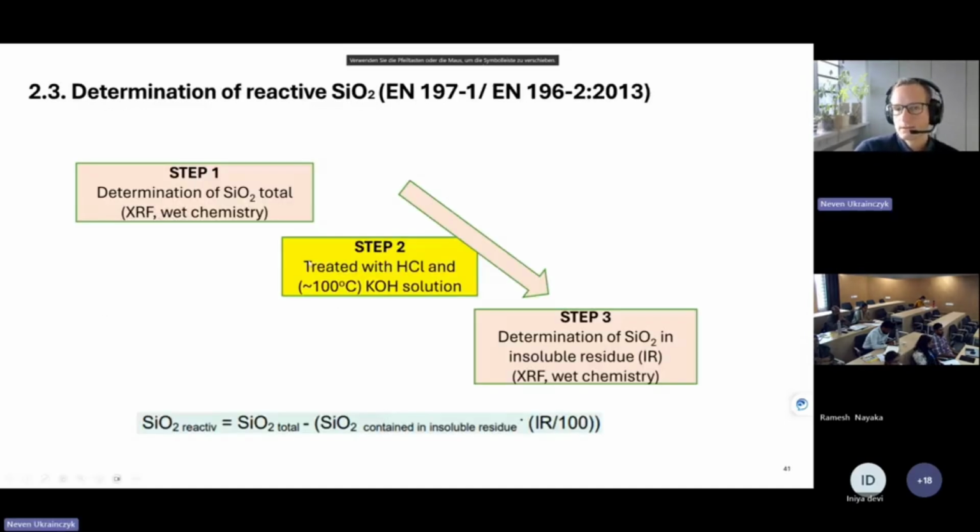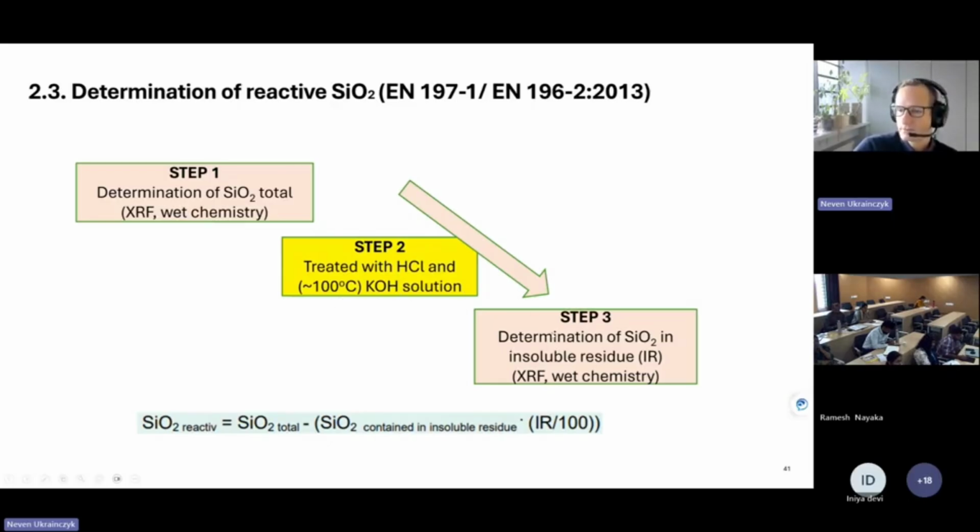And then the third method is to determine the reactive silicate. You can determine the amount of silicates you have in your solids, for example using XRF, the X-ray fluorescence. It gives you the oxide composition, or you can use wet chemistry and also get the silicate content of the solids. Then you treat it with HCl or KOH, similar to the Chapelle test, but at 100 degrees.